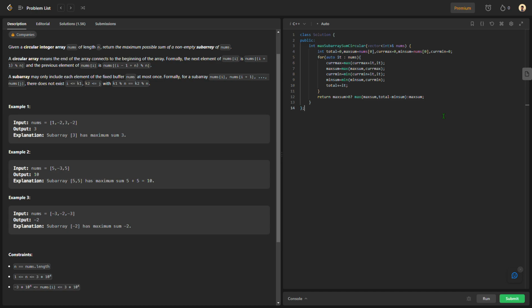Why? Because my maximum carries the maximum sum till now, and if my maximum sum is negative, then among negatives the max is always the least one, so I would be returning the least negative number, and that would always give me the answer. For example, if I had an array of -1, -1, -9, -8 and -3, my maximum would be storing -1, and I would just return my maximum as it is.